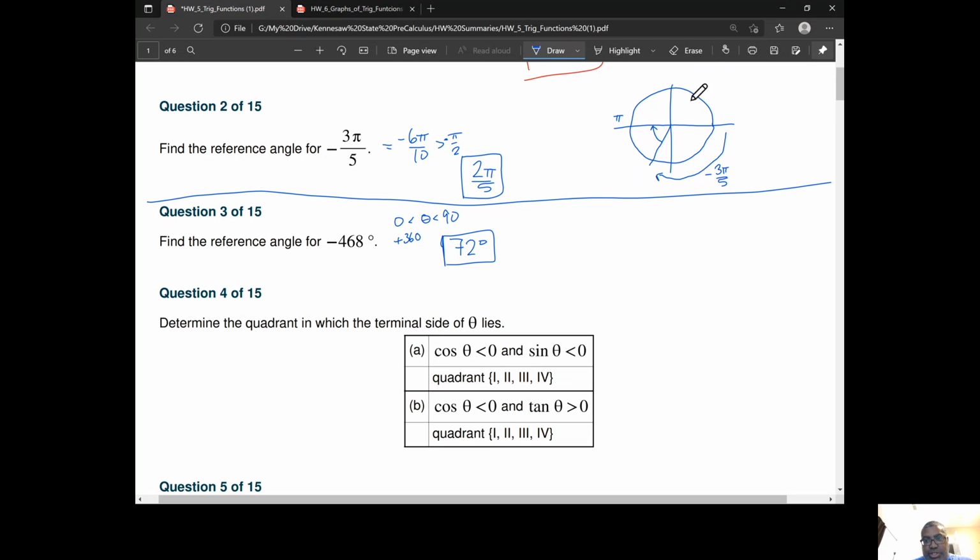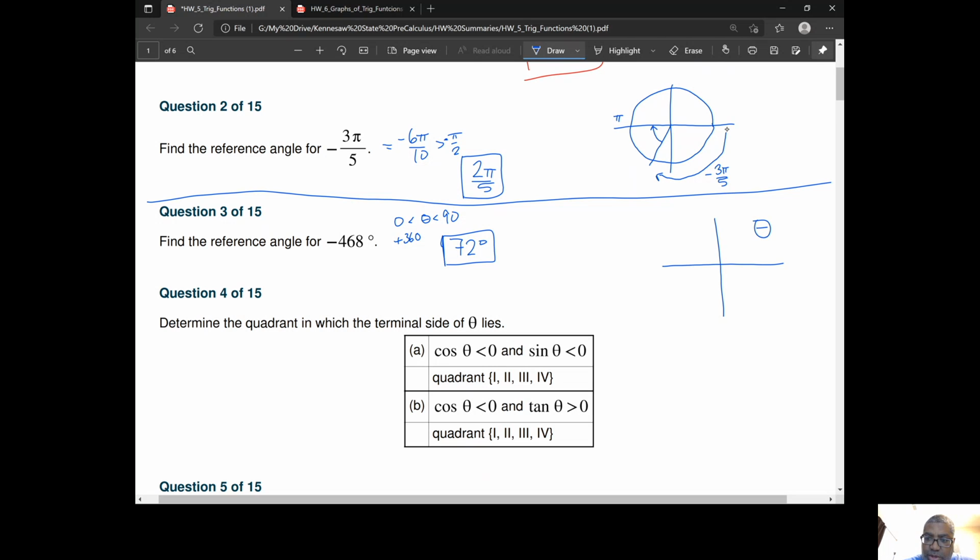On a circle, a reference angle is how far it is from wherever the angle is located to the nearest horizontal axis. In quadrant 1, it'll be here. Quadrant 2, it'll be here. Quadrant 3, it'll be here. And quadrant 4, it'll be here. There's a little formula. In quadrant 1, the reference angle is theta.